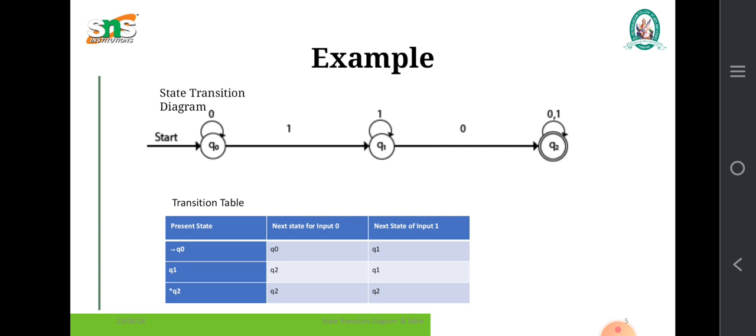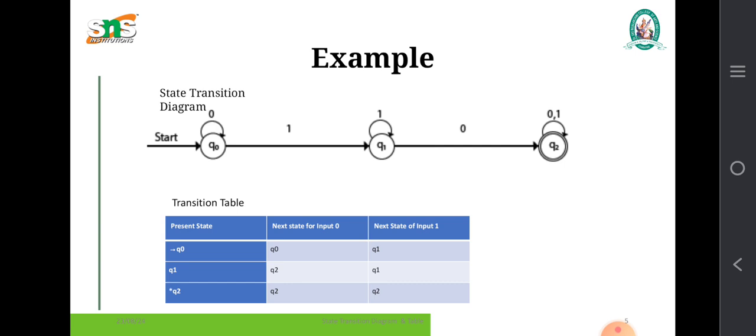First, the starting state given in the table is Q0. By getting 0, what happens? It stays in the same state Q0. That is what is represented here. Next, by getting 1 as an input, it moves to the next state Q1. That was represented in your first row. Then the second row is the representation for the state Q1.